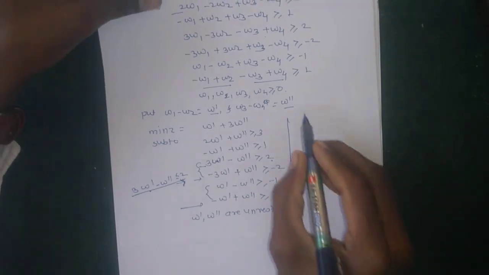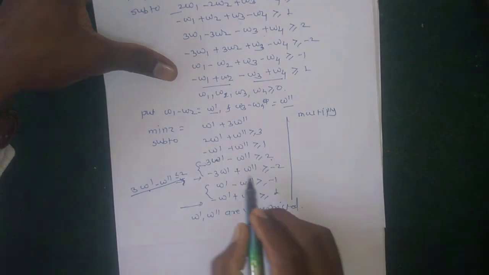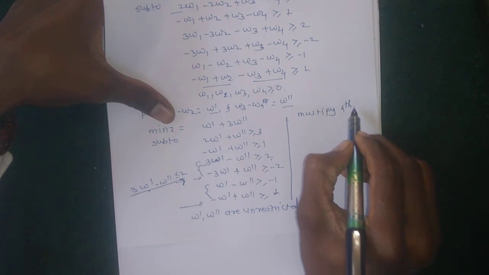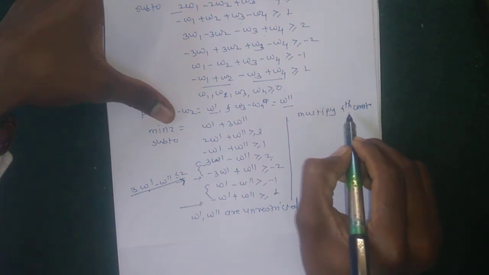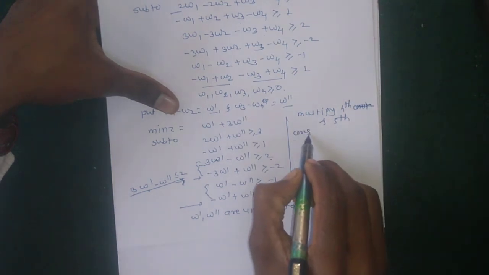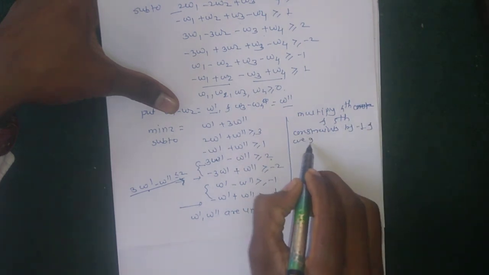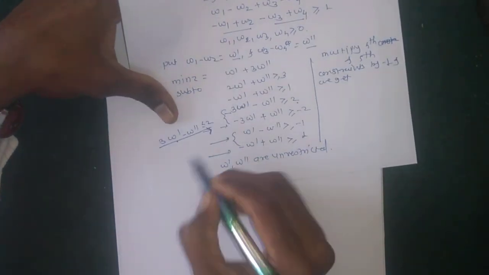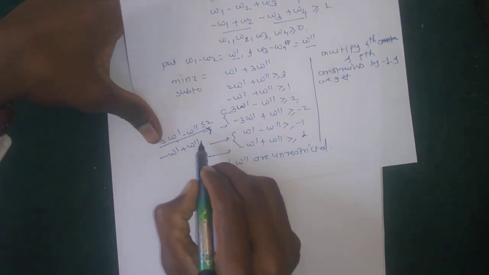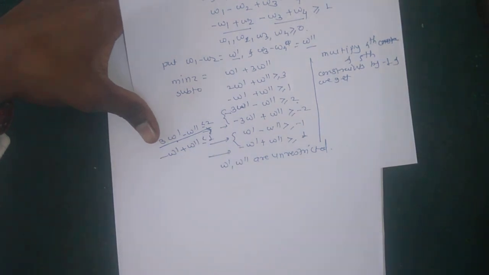So directly write: multiply the fourth and fifth constraint by -1, and we get -w' + w'' less or equal to 1.